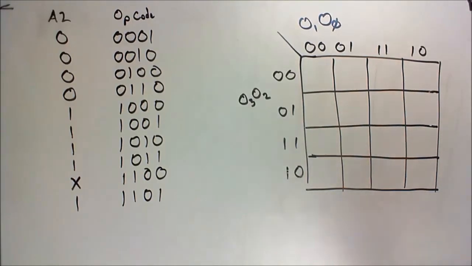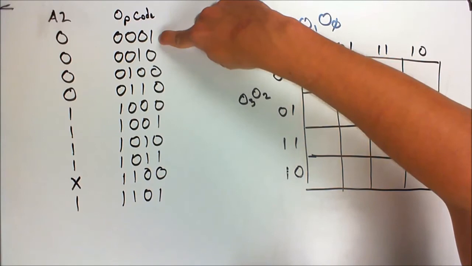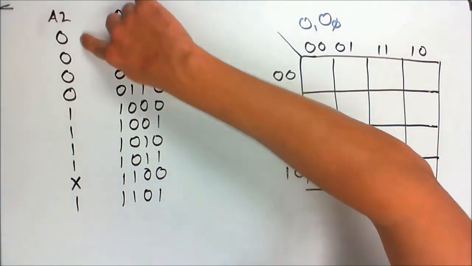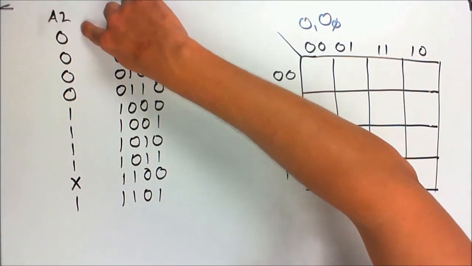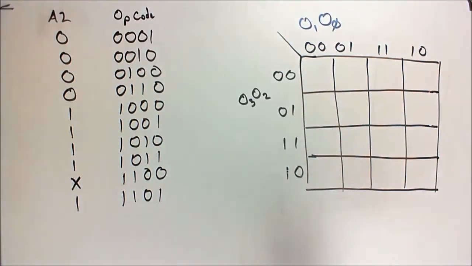So now that we have the table of signals built, we have to build the logic that controls those signals, right? We have a relationship between the opcodes and func codes and the control signals. This A2 is our most significant bit in the ALU op instruction code.